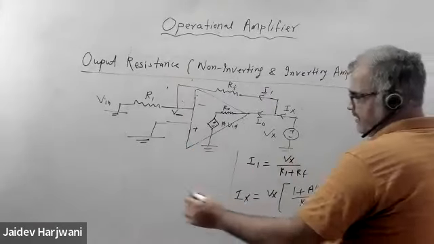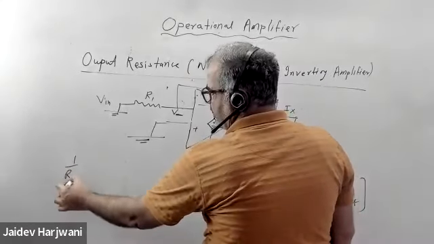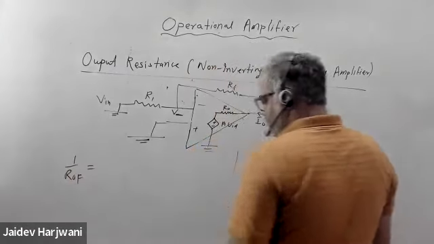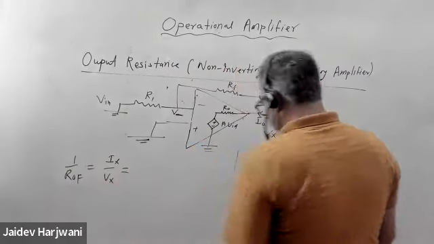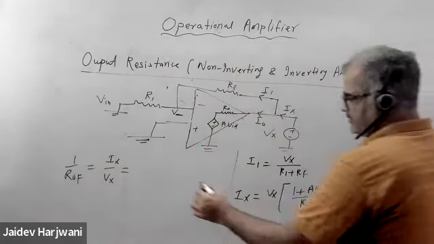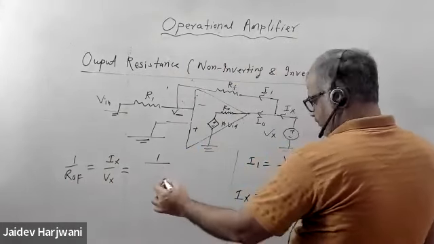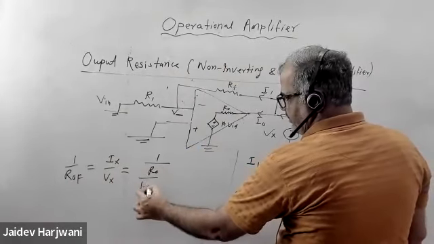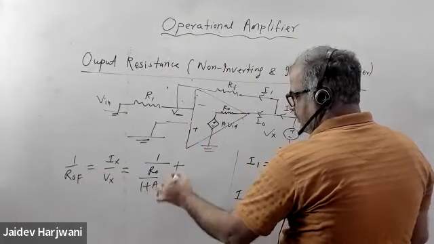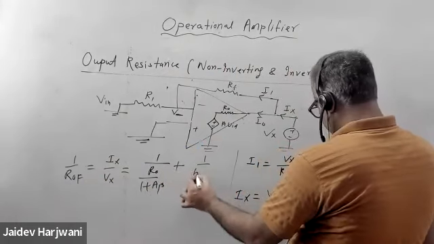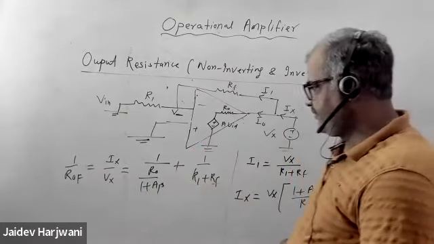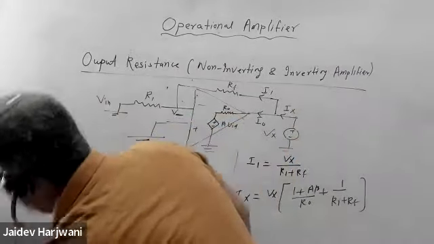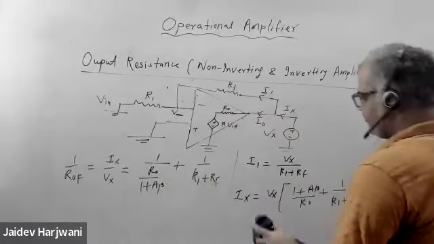Now Ix by Vx is 1 upon the output resistance with feedback, which is Ix upon Vx. That is equal to 1 plus A beta upon R naught plus 1 upon R1 plus Rf. So we have the formula for our output resistance with feedback.